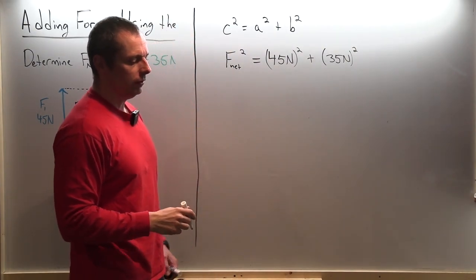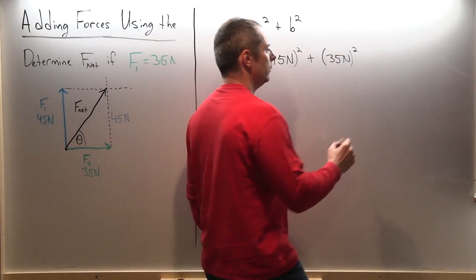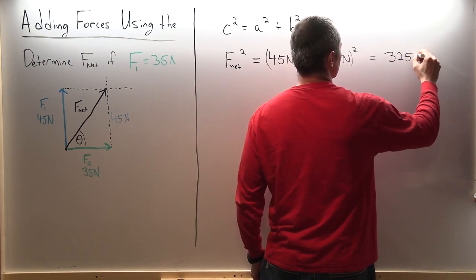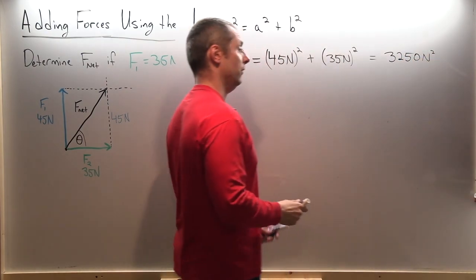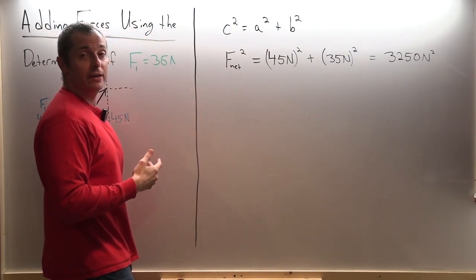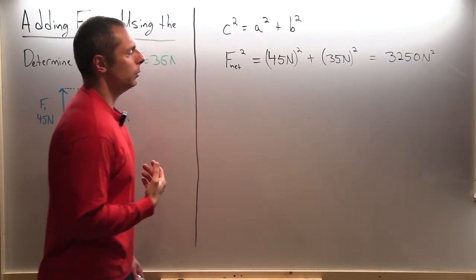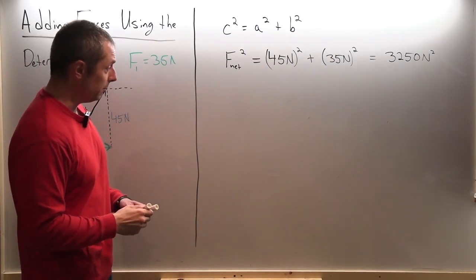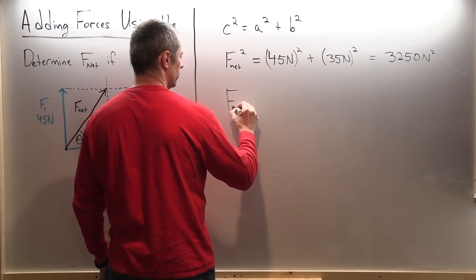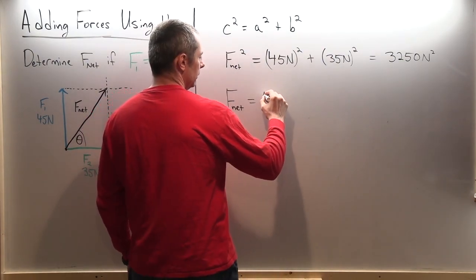Now if you punch that on your calculator, 45 squared plus 35 squared, you get 3,250 newtons squared. The variable gets squared as well. So how do I find F net? I've got to take the square root of both sides. Taking the square root of 3,250 on my calculator gives me my final answer for the magnitude of the net force, or the size of the net force, as about 57 newtons, I believe it is.